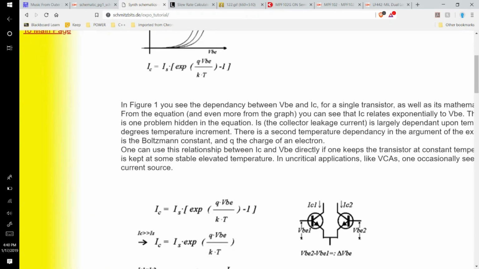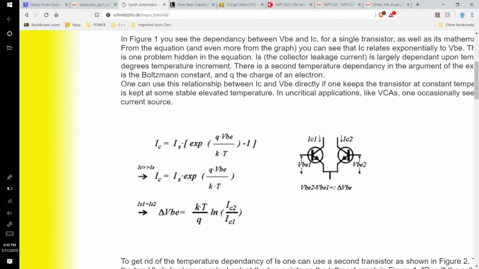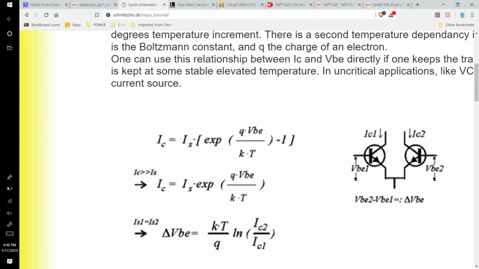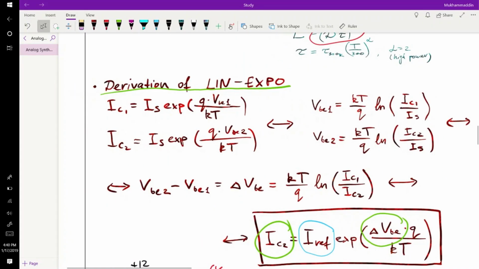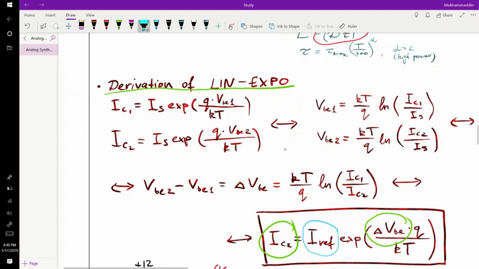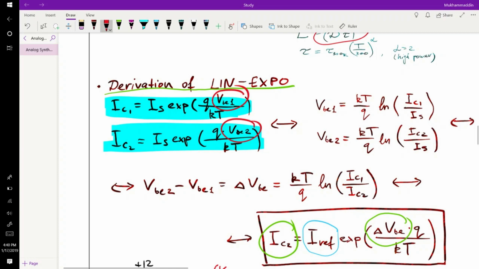Now, a very cool trick is to add a second BJT, and why that allows you to circumvent this thermal effect is, let's derive the formula first. Okay, so we have that formula for first BJT, we have a formula for the second BJT, and we have a current through it and also voltage at the base for both of them.